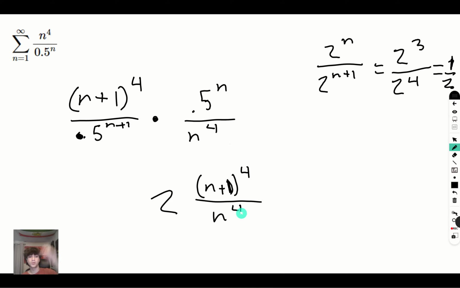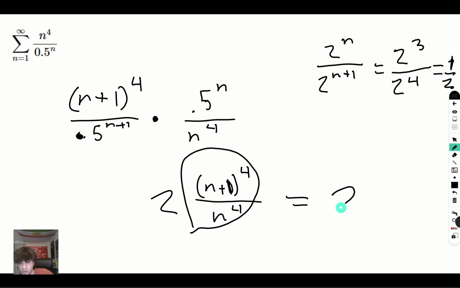And the bigger the number gets, the more inconsequential the difference between them gets. So this term right here is going to be approaching 1 as n approaches infinity, and then 1 times 2 is going to be 2. So therefore, our series converges to 2. And that's how you would solve that first problem.